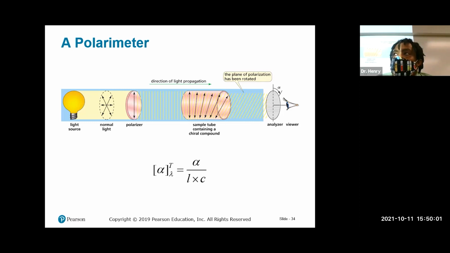Okay. So this angle can actually be calculated by this equation. I should say this here is going to be the angle of polarization. I'm sorry, this is going to represent the temperature. My bad, temperature.